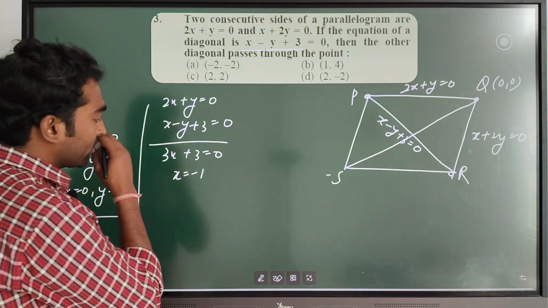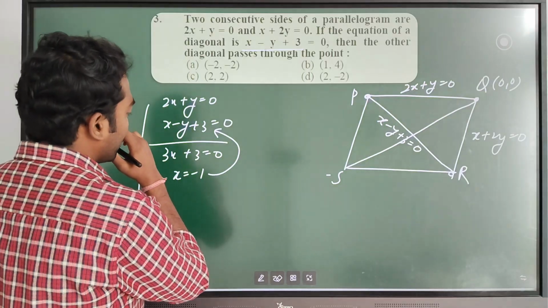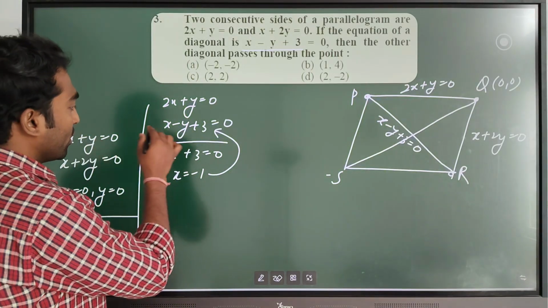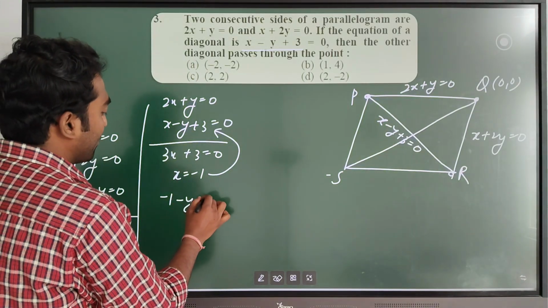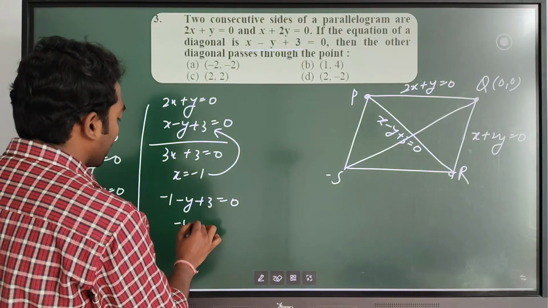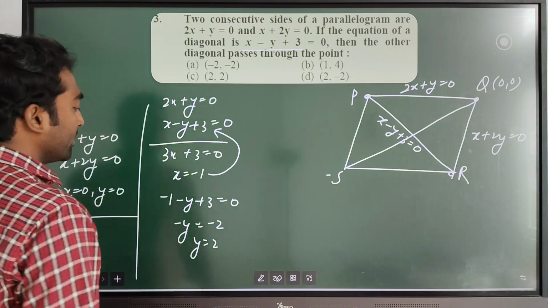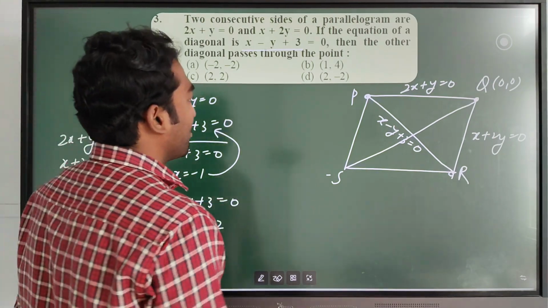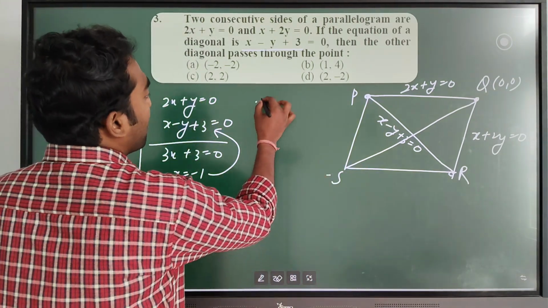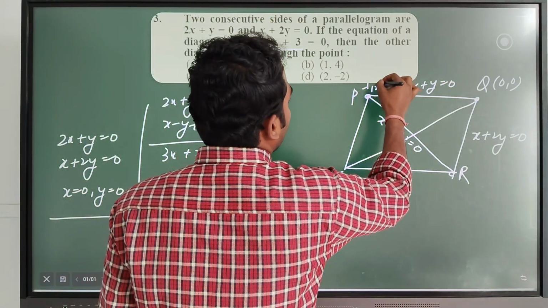Now putting x is equals to minus 1 in either of them, we put it here: minus 1 minus y plus 3 is equals to 0, so minus y is equals to minus 2, or y is equals to 2, which means the coordinate of P is (minus 1, 2).